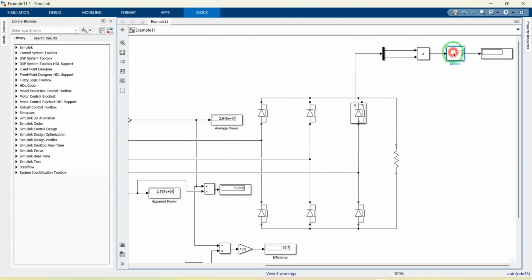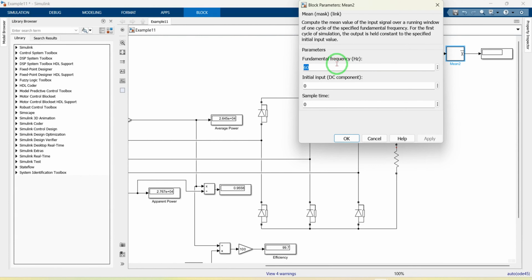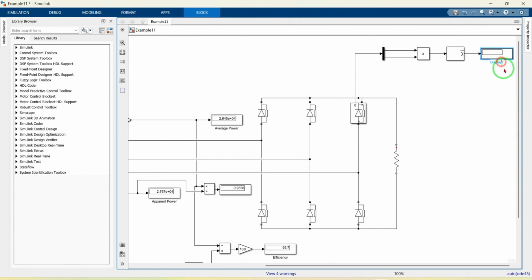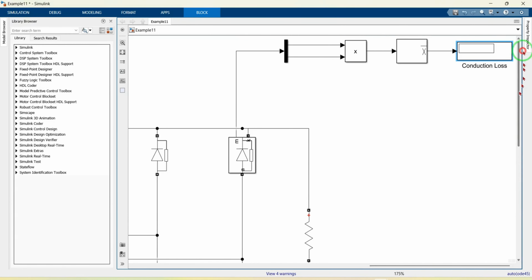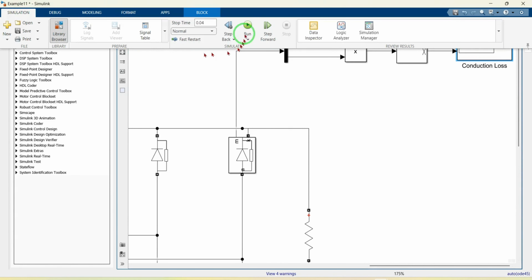Open the mean block and set the frequency to 50 Hz. Run the simulation.